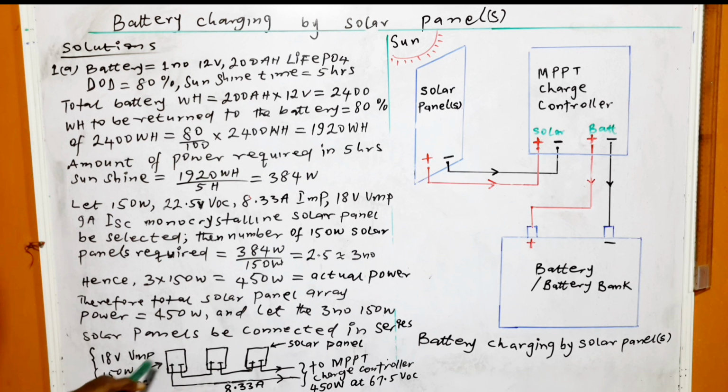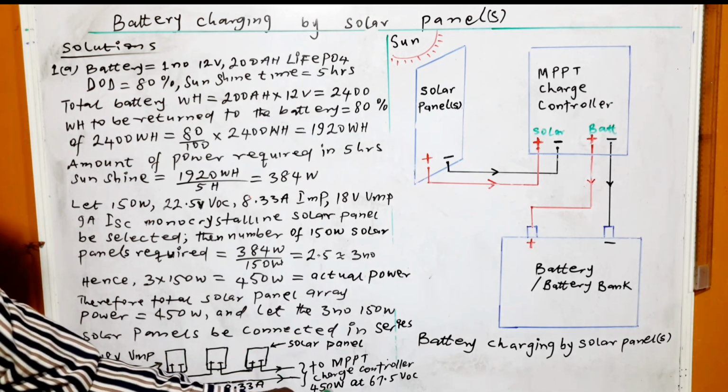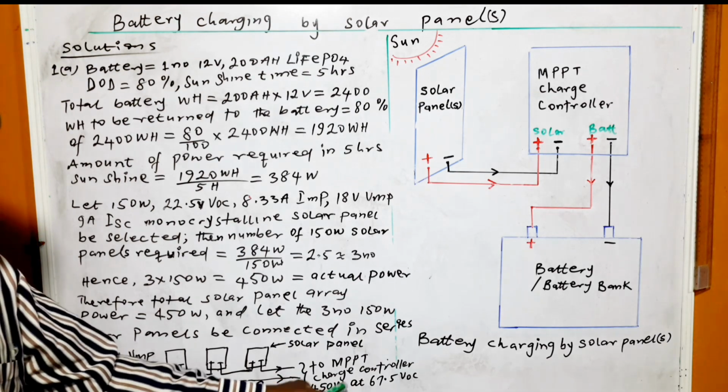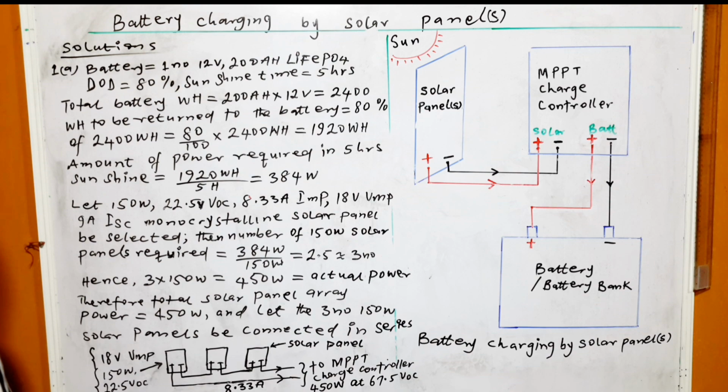If you divide the total wattage, which is 450 watts, by 18 times 3, you have 8.33 ampere. In other words, the current flowing in the 3 solar panels is the same current, since they are in series.